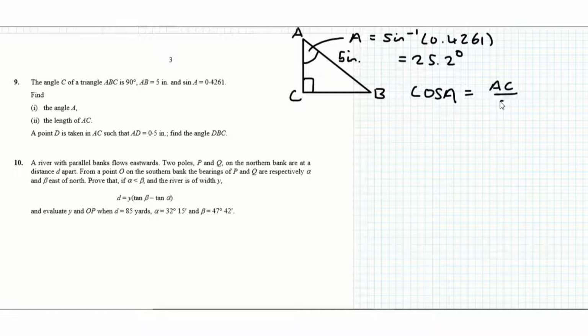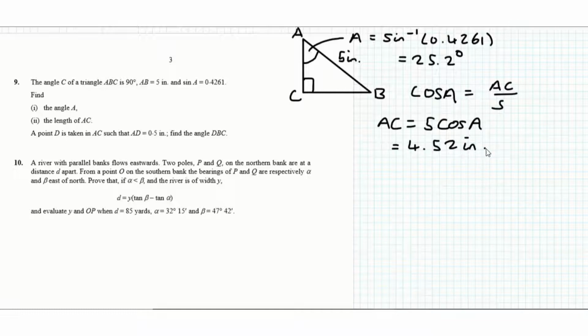So AC is equal to 5 cos A, which is 4.52 inches, as far as we're concerned, really. We don't really need to know it to any other value.